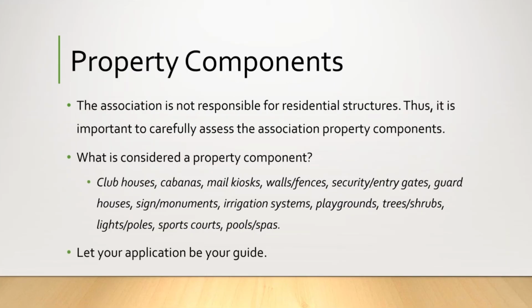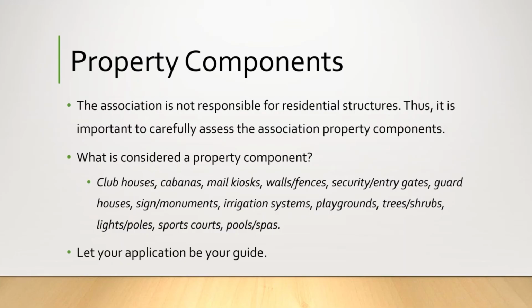So with that, we have the ability to write these on a package policy. One of them is the property component. If the association is not responsible for the residential structures, they might have different types of property components within the association. So if it's a single family homeowners association and the individual unit owners are responsible for their own insurance and maintenance of the buildings, then we can have these amenities.